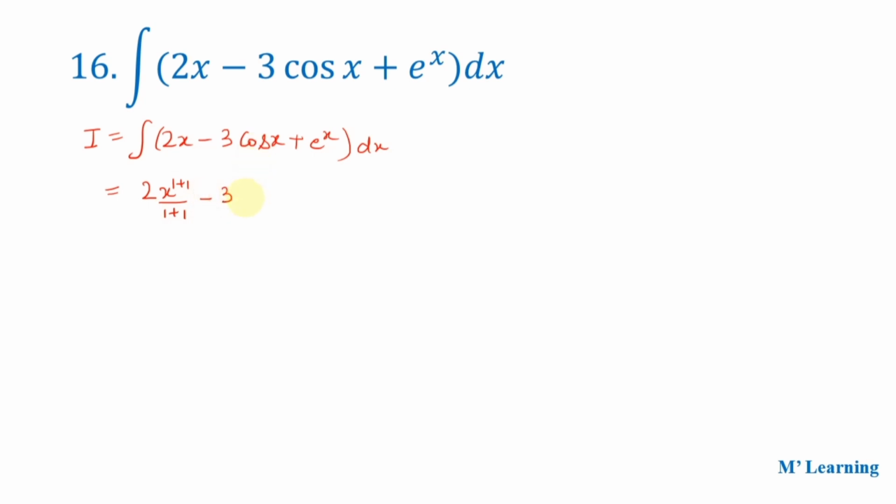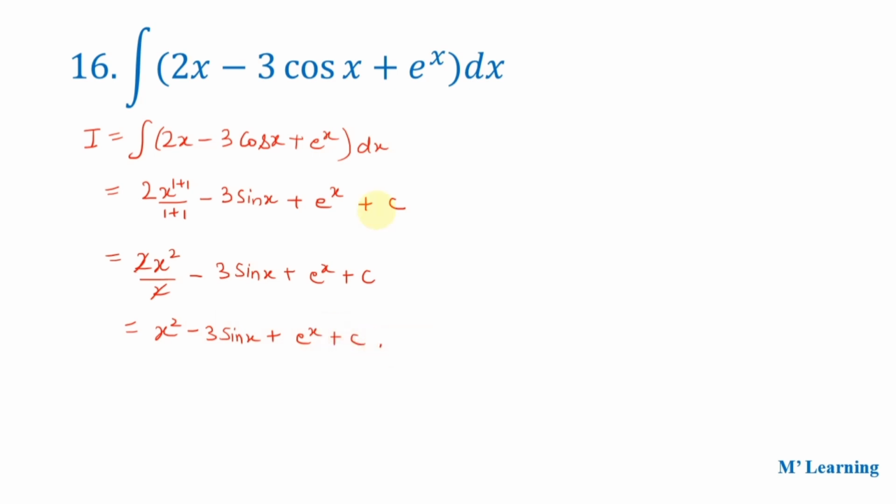Then 3 cos x का integration होता है sin x, plus e to the power x का integration is e to the power x only plus c. So this becomes 2x square by 2 minus 3 sin x plus e to the power x plus c. 2 will be cancelled by 2, so it becomes x square minus 3 sin x plus e to the power x plus c.